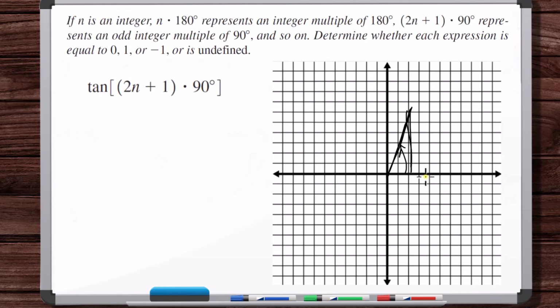If you did negative 90, that would be when n is equal to negative 1, you'd be coming in here. So you get opposite would be negative r divided by a tiny positive number. So that would be negative infinity. So yeah, it would just be undefined, and it would be positive or negative infinity depending on the n you choose.